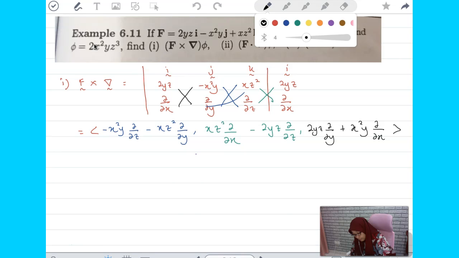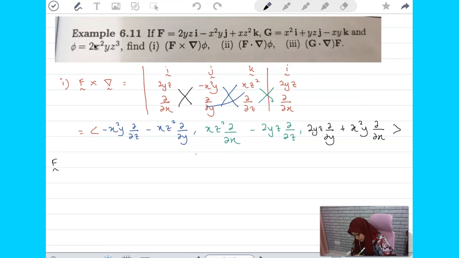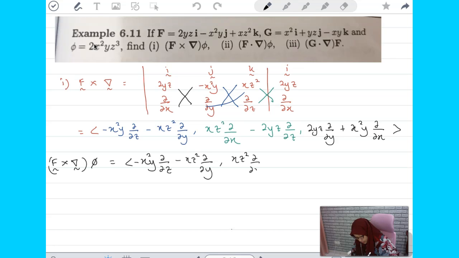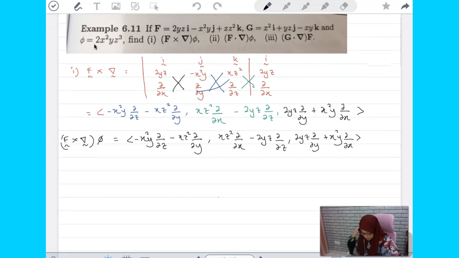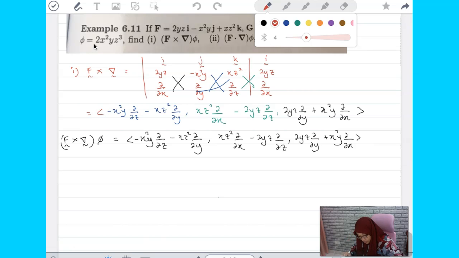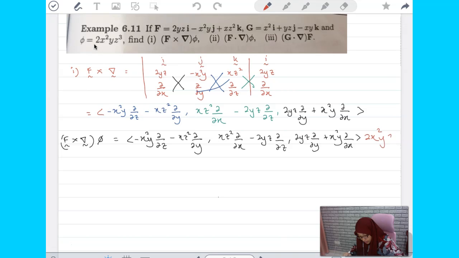So when you have phi, meaning that your vector is minus x squared del z, minus xz squared del y, xz squared del x minus 2yz del z, 2yz del y plus x squared y del x, then multiplied by the scalar function, which is 2x squared y z cubed.